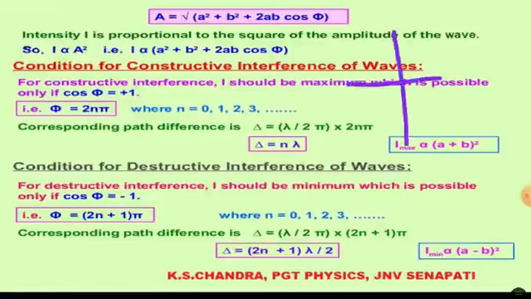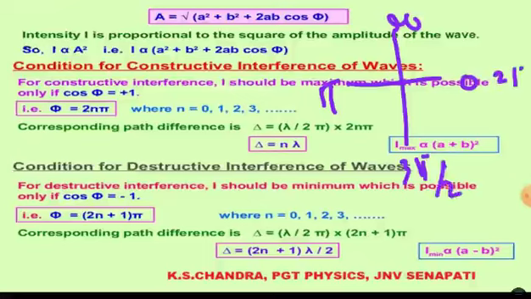Sorry, when it is 0 degree, this is 90 degree, this is pi or 180 degree, this is thrice pi by 2, you can say, or this is what? Your 270 degree, and this is your 360 degree, that means twice pi. Okay, when it is here, cosine of 0 degree is +1, cosine of pi will be -1.